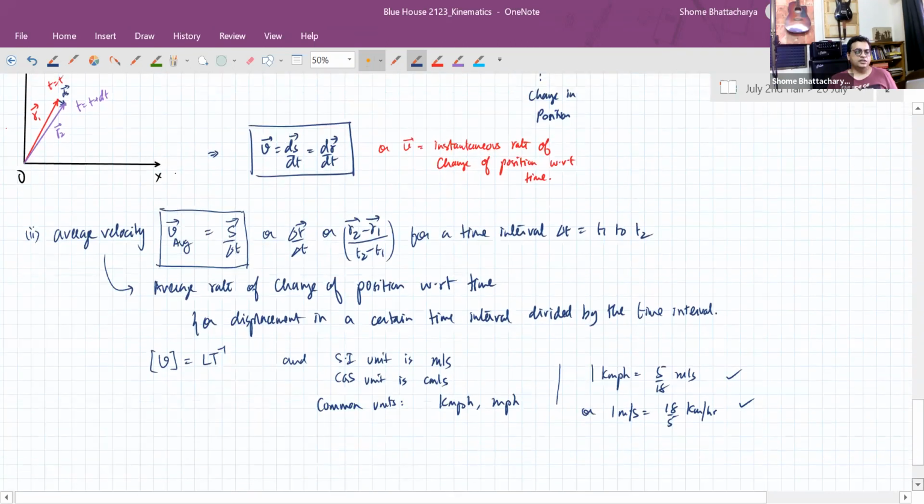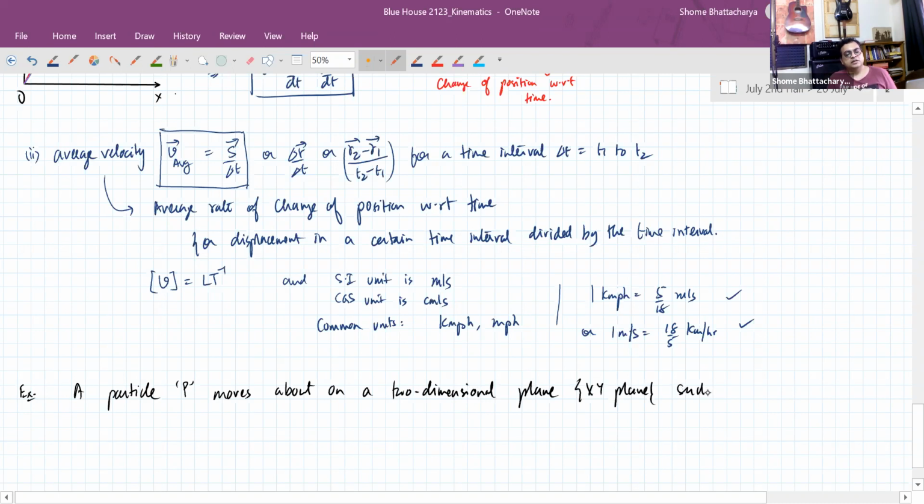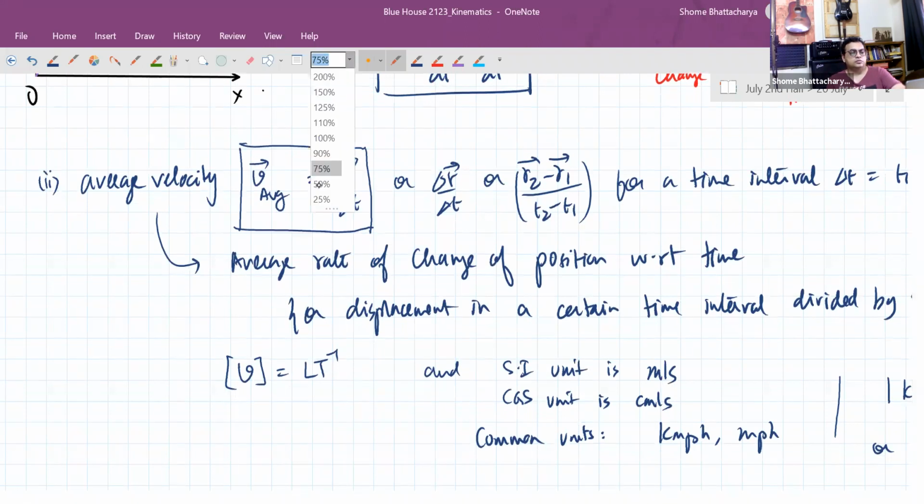Okay, so let's look at our first numerical example problem. Suppose a particle P moves about on a two-dimensional plane, which we'll take as our XY plane, such that at an instant t, its position is x equal to 3 plus 2t, y equal to 4 plus 2t squared.